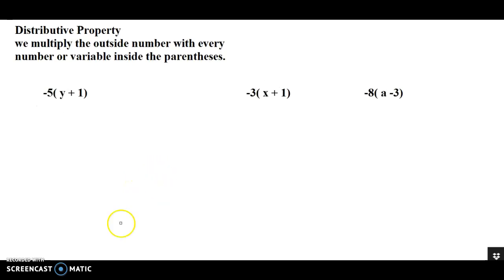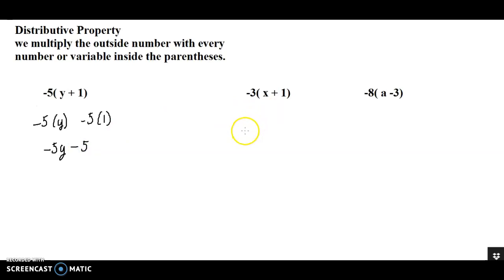So now let's look at these 3 problems. We're being asked to perform the distributive property. So we take a negative 5 and multiply it times y, and take a negative 5 and multiply it times 1. So we get a negative 5y, and then a negative 5.